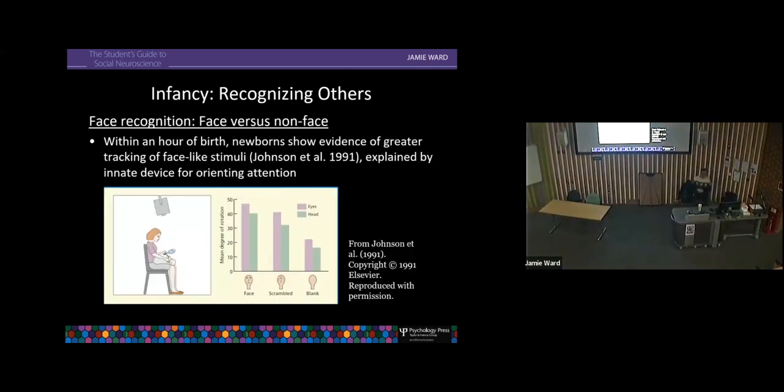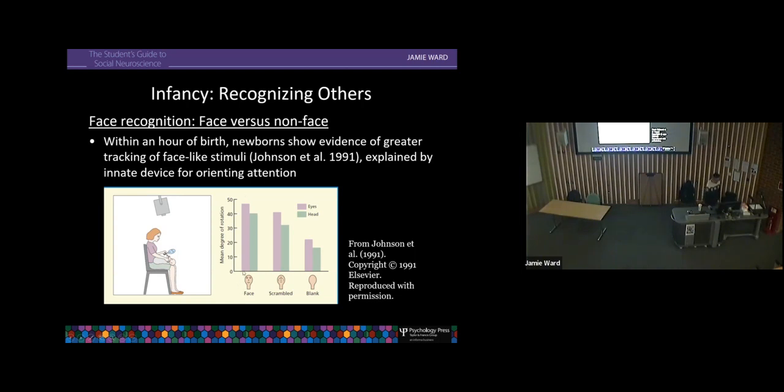In terms of face recognition, basically within an hour of birth, an infant can respond to face-like stimuli more than non-face-like stimuli. So how do you make a face-like versus non-face-like stimulus? It's almost like a table tennis bat that you hold to the infant, and then you can measure the infant's orienting to the bat, the degree of following, either with its head or its eyes.